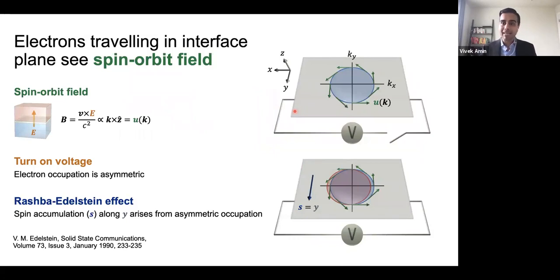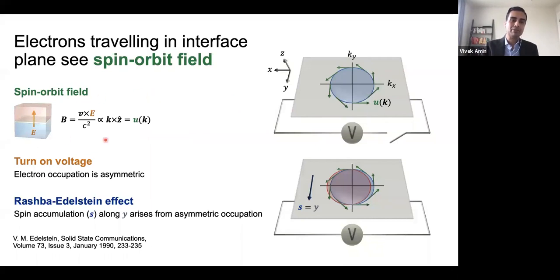Now, there's another mechanism that's traditionally considered in spin orbit torque, and that's due to the so-called Rashba-Edelstein effect. And this is important at the interface between the non-magnetic layer and the ferromagnetic layer. So at the interface between these two materials, there's a difference in the work function, which leads to a very strong electric field pointing out of the interface plane.